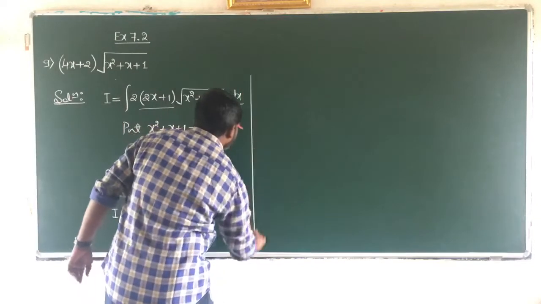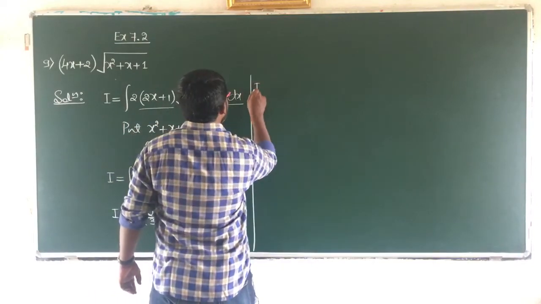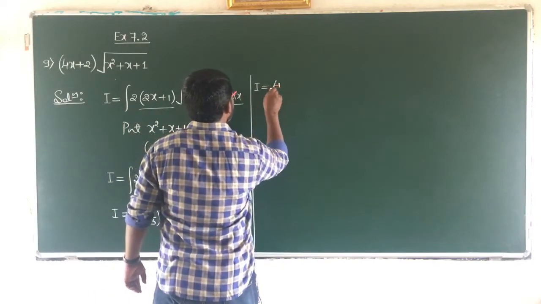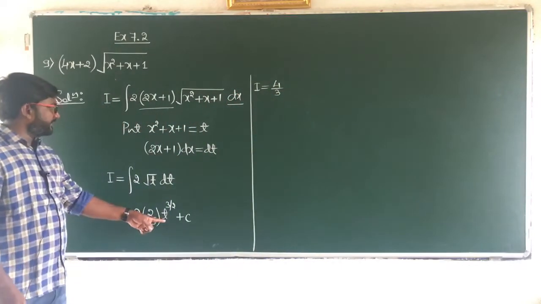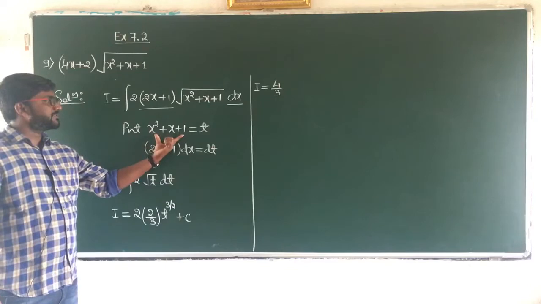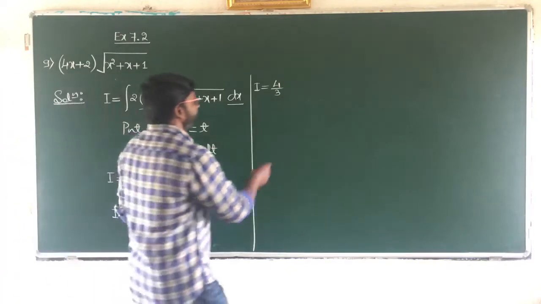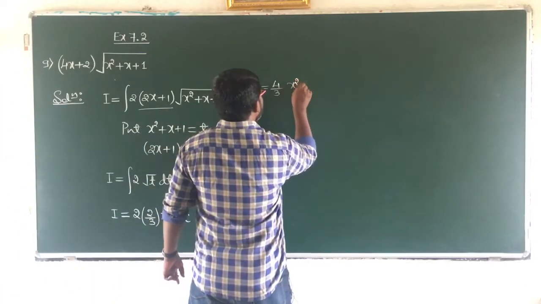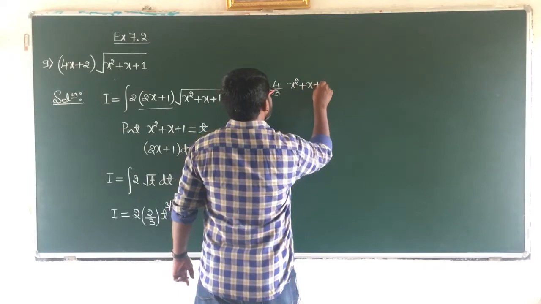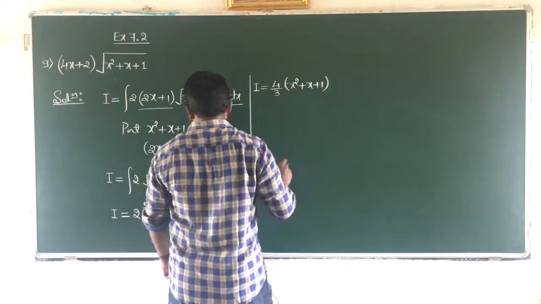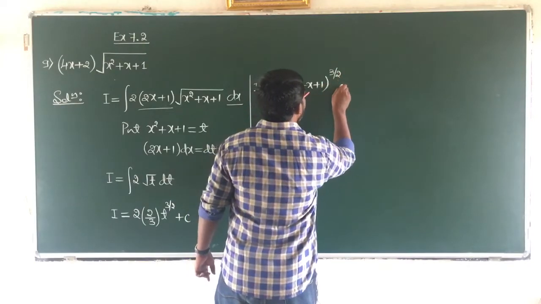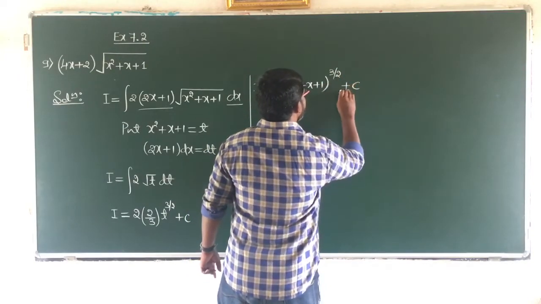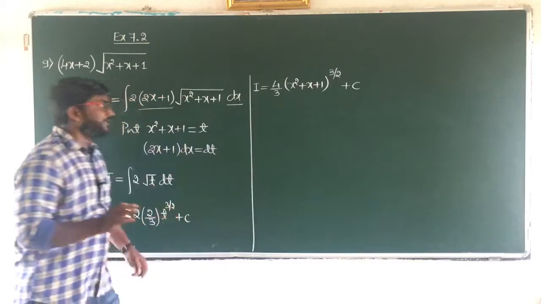So now I is equal to 2 into 2 it is 4 divided by 3. Then what is t here? t is x square plus x plus 1. So x square plus x plus 1 to the power 3 by 2 plus c. So this is all about the 9th problem.